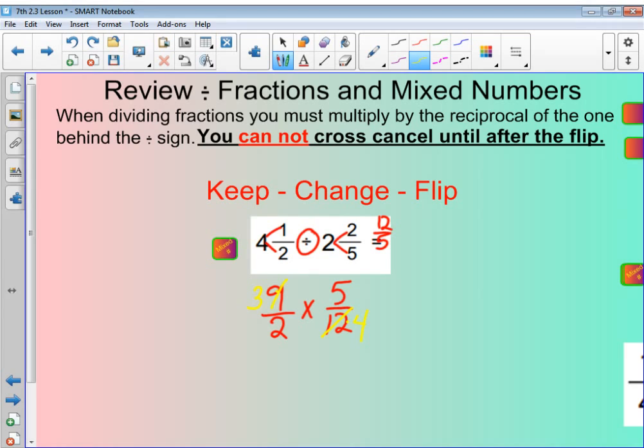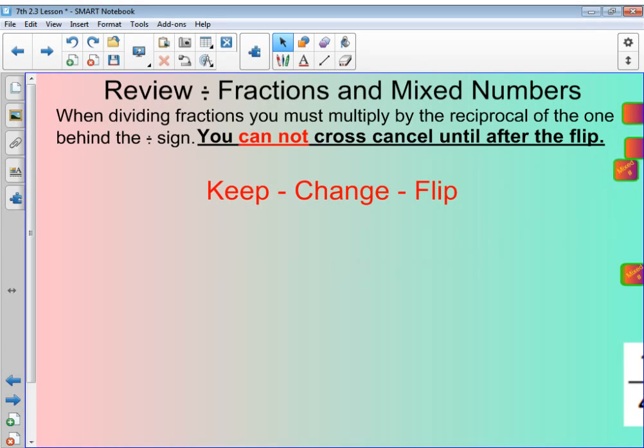So now I'm going to multiply straight across. 3 times 5 is 15, over 2 times 4 is 8. And we didn't have any negatives there. So that could also be 1 and 7/8. Had they put negatives, then we would count our negatives to see if it's going to be a positive or a negative answer. Okay, so let's try another one.